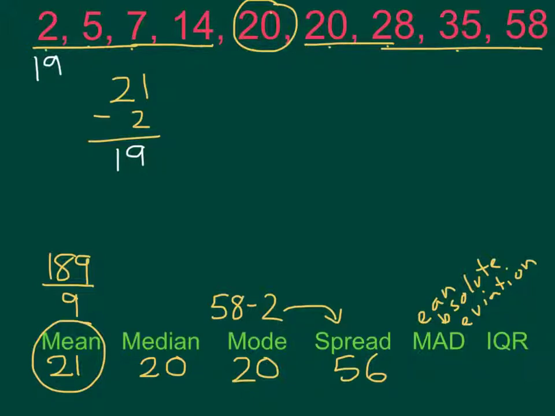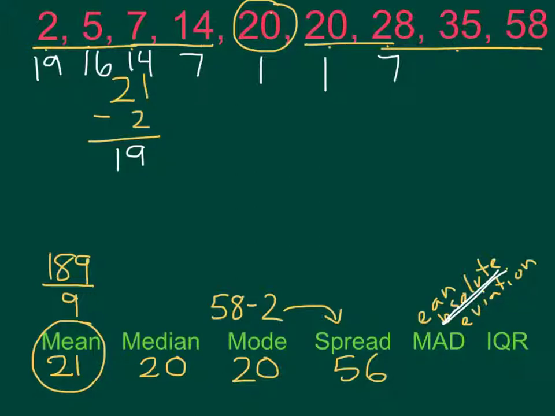I can continue: 21 minus 5, get 16. 21 minus 7, get 14. 21 minus 14, get 7. 21 minus 20, get 1. 21 minus 20, get 1. 21 minus 28, I would get negative 7, but I'm going to write it as a positive 7 because we're doing the absolute deviations, just positive.